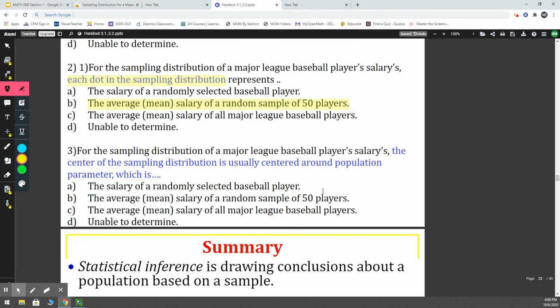The center of the sampling distribution is usually centered around the population parameter. So now they want us to determine what a population parameter is. Let me highlight that too. Remember, the population parameter talks about everybody. So therefore, it's the mean salary of all, there's the key word, all major league players.